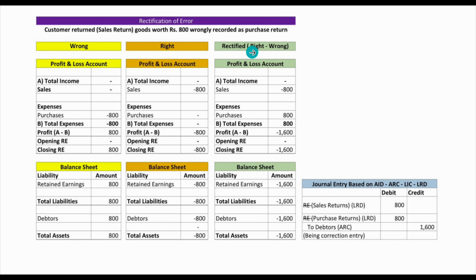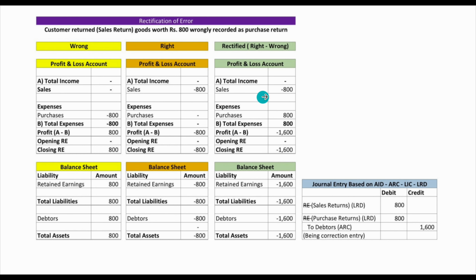Now let us pass the rectification entry, which is basically right minus wrong. So right here is minus 800, wrong is 0. So minus 800 minus 0 is minus 800. In case of purchases, 0 minus 800. So 0 plus 800 is 800. So total expenses is 800.